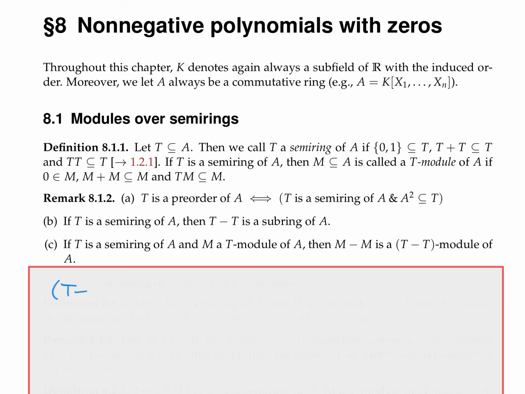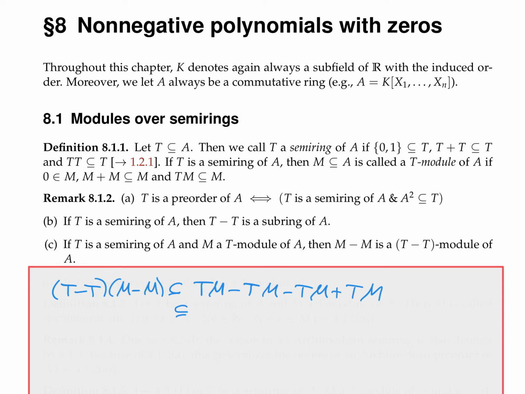So T minus T times M minus M is contained in TM minus TM minus TM plus TM, which is contained in, since M is a T module, TM is contained in M, right?